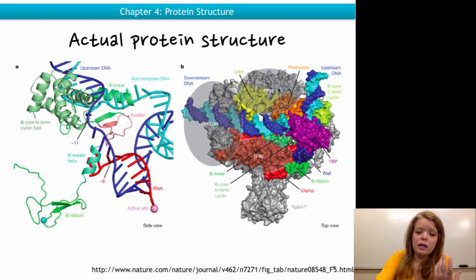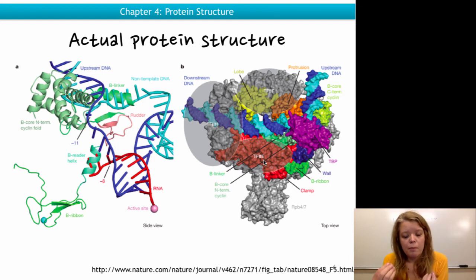And then finally, this is the final quaternary structure of the RNA polymerase. You can see that several different proteins have been arranged in a very particular way in order for the RNA polymerase to be able to do its work.